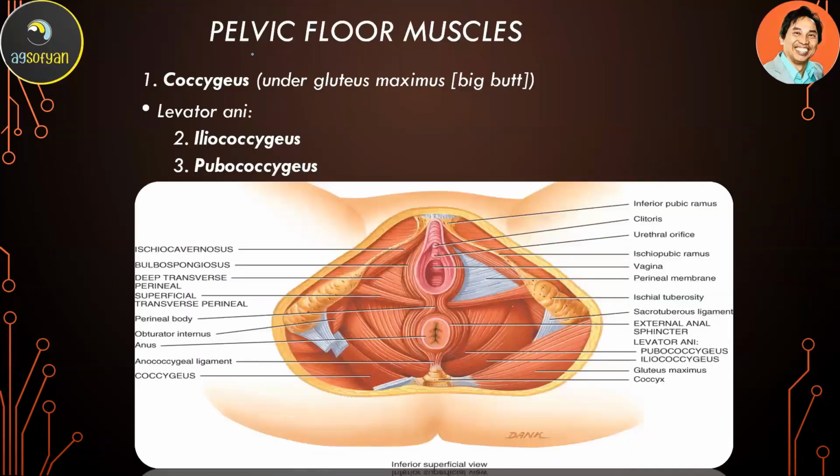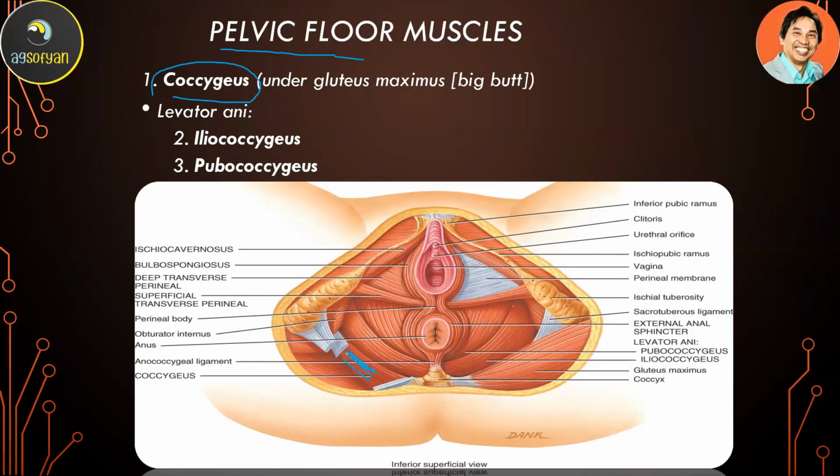Okay, so the next one is the muscles of the pelvic floor. The pelvic floor is the groin area over here. There are three muscles actually. The big one is the coccygeus muscle. We're going to go from the bottom area.